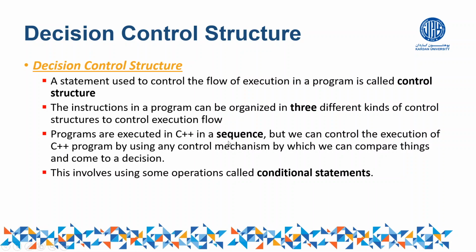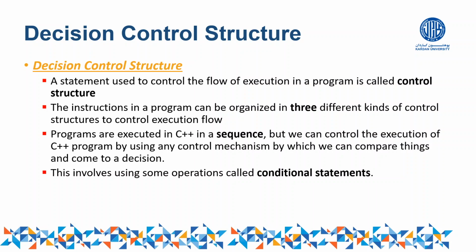Now, we use a control mechanism by which we can compare things and come to a decision. So here we are going to talk about comparison operators as well. We are going to work on the relational expression, because we will compare some values, and then based on comparing those values, we will come to a decision, and based on this decision, some statements will be executed and some will be ignored.